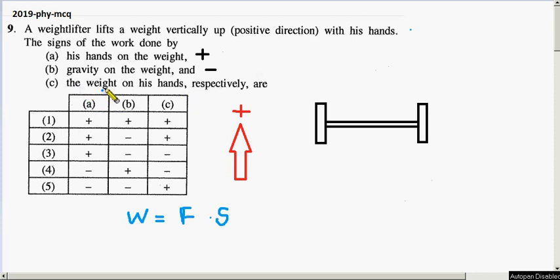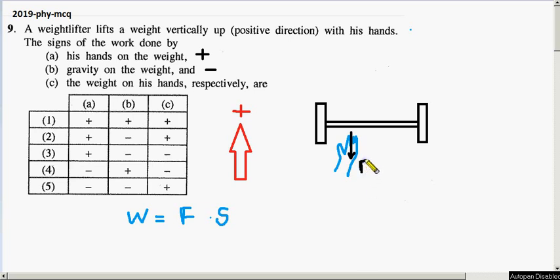Then the weight on his hands. What do your hands feel when you do this? The hands are pressed downwards by the weight. Our hands feel the force downwards because hands are pressed by this weight. While we lift it, the weight tries to push our hands downwards.